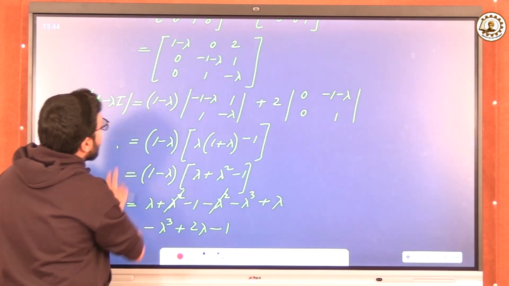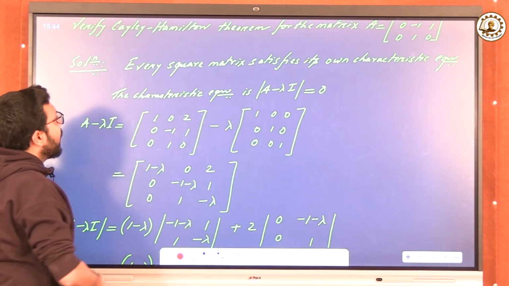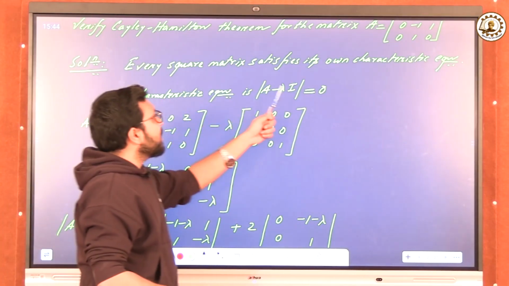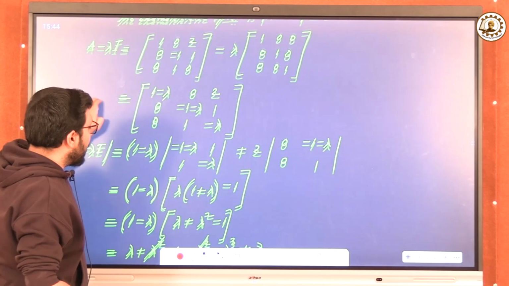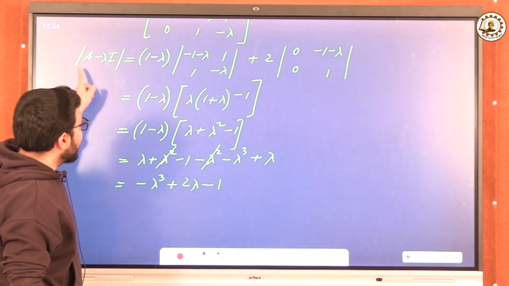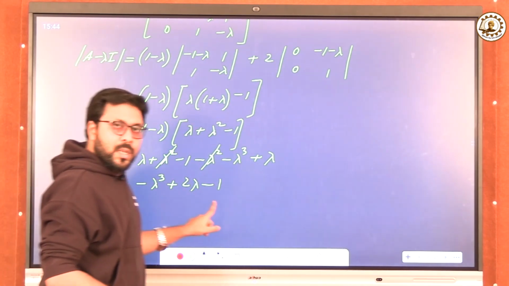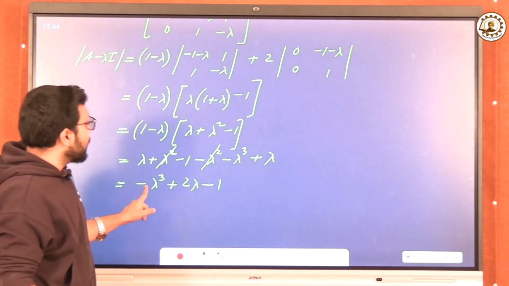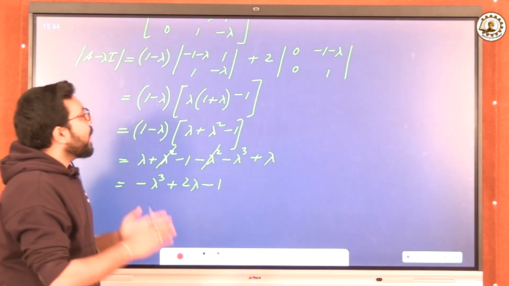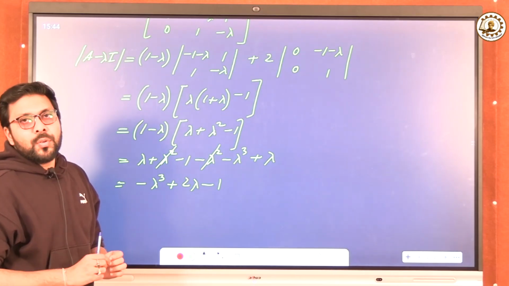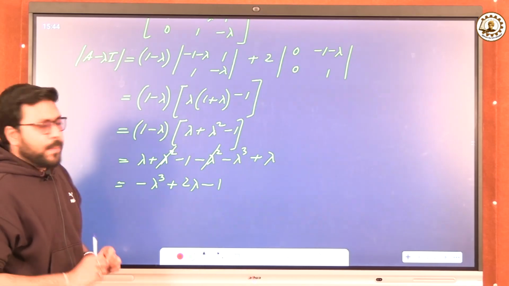Now as per the statement of the theorem, every square matrix satisfies its own characteristic equation. We already have developed the characteristic equation, and this characteristic equation is this one. A minus lambda I mod is minus of lambda cube plus 2 lambda minus 1. So we are supposed to substitute A in place of lambda.